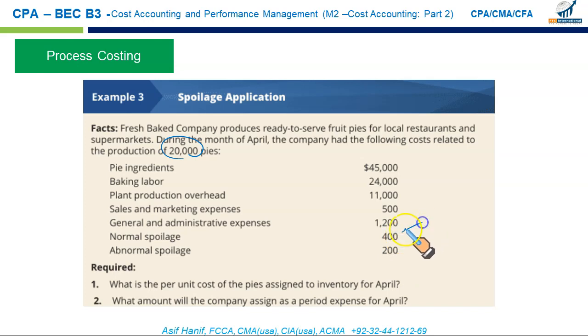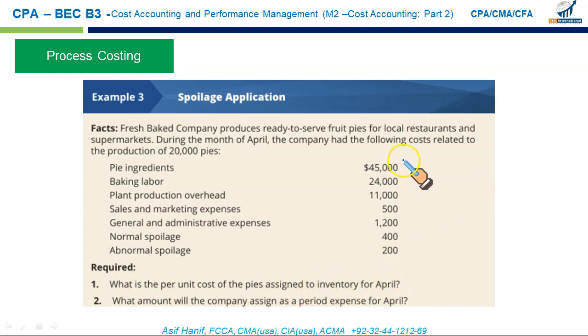Please note these spoilages are in dollars. So you can consider that this $400 includes all the cost of production, that is direct material, direct labor, and your manufacturing overhead.